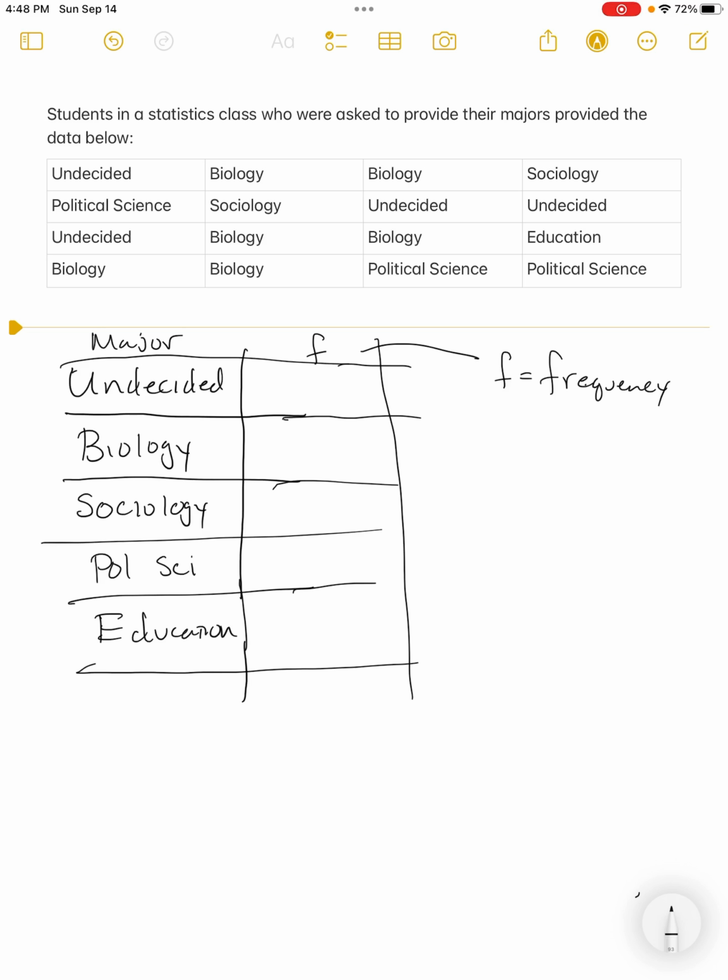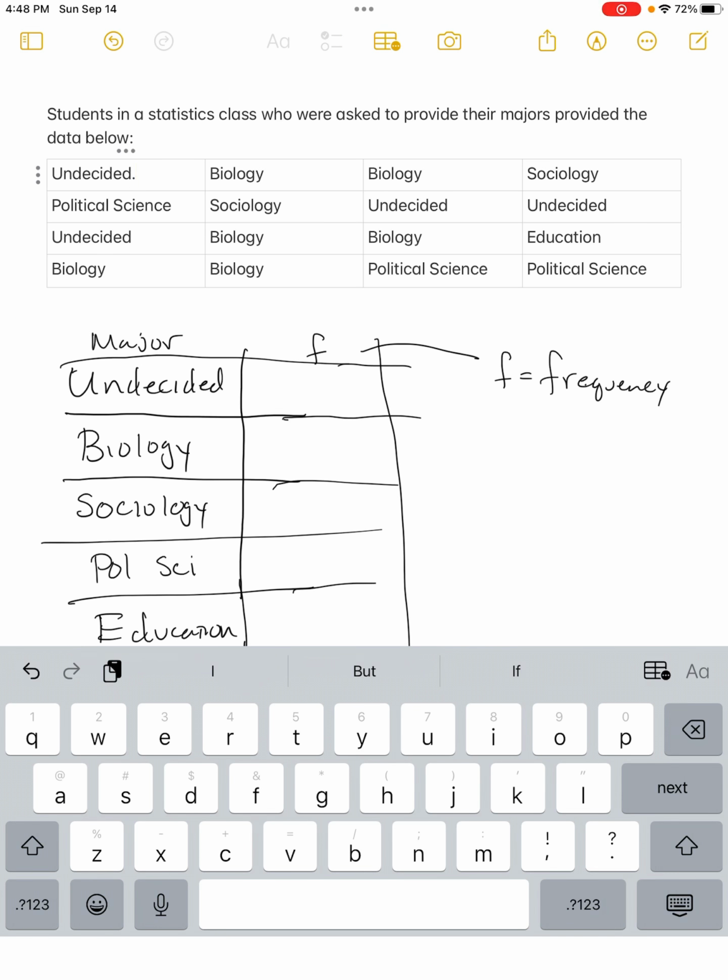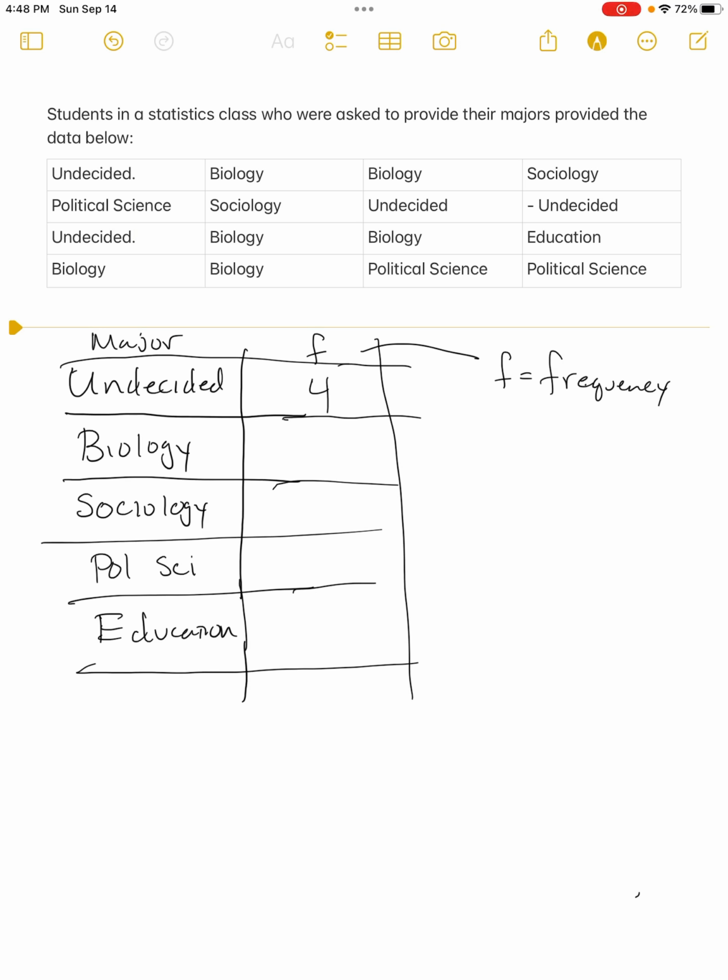So really what we're doing is, the first category that we have is undecided. We need to count up how many undecideds there were. There were 1 in that first row, 2, 3, 4. Looks like we have 4 undecided majors among the group of individuals. Biology majors, we just count them.